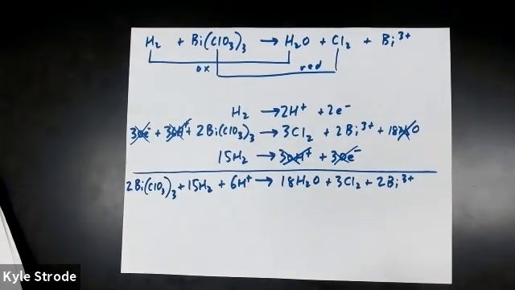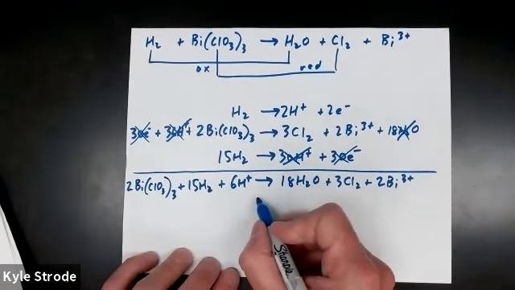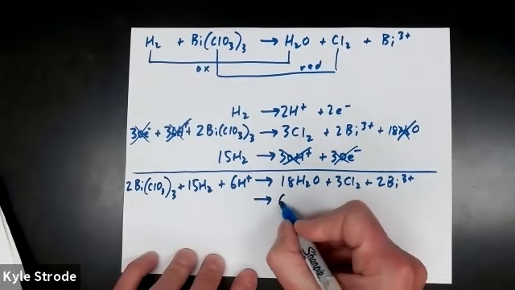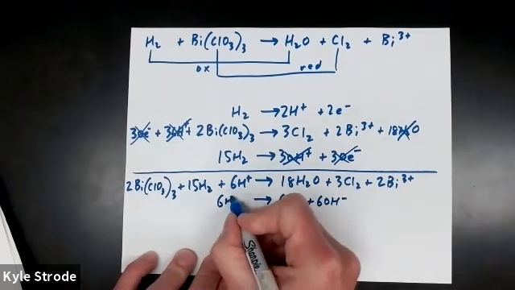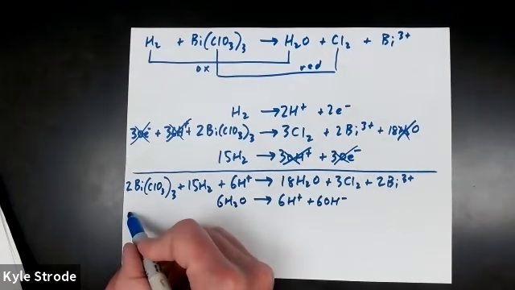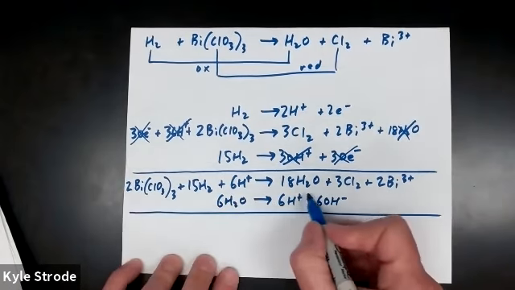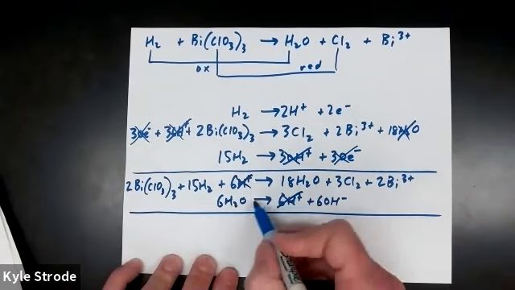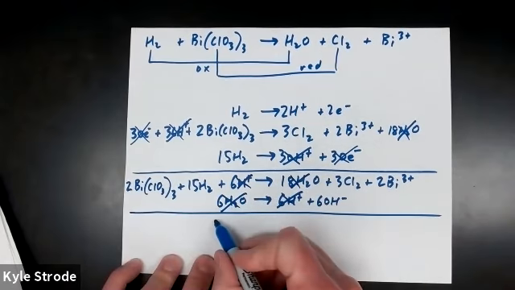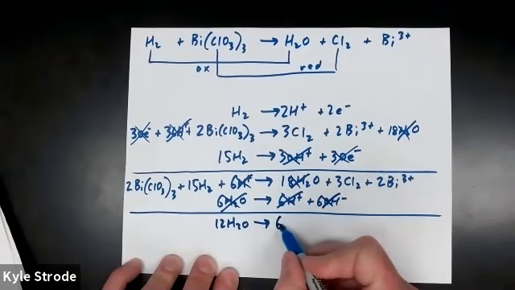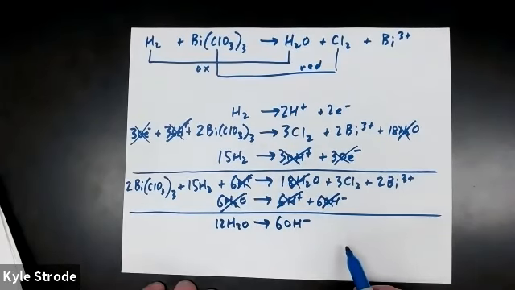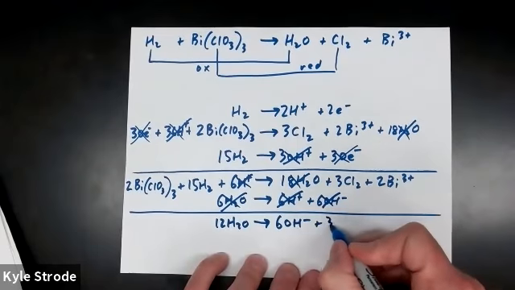There's my reaction balanced in acidic solution. And if we wanted to balance it in basic solution, we can see that 6H pluses are there. So 6H plus, 6OH minus, 6 waters. Okay, and then we bring everything else down.